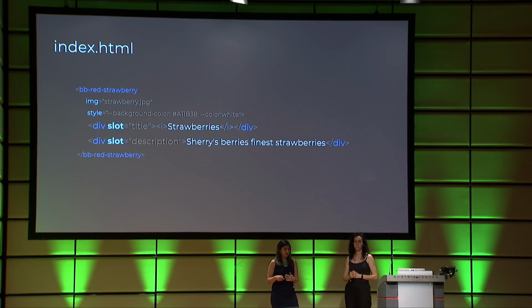In our main HTML, we can just say, OK, this is the div that has the title, and whatever is inside here is going to be appended there. This is a very basic example, but inside that slot, we can even call another web component. And this is so flexible.